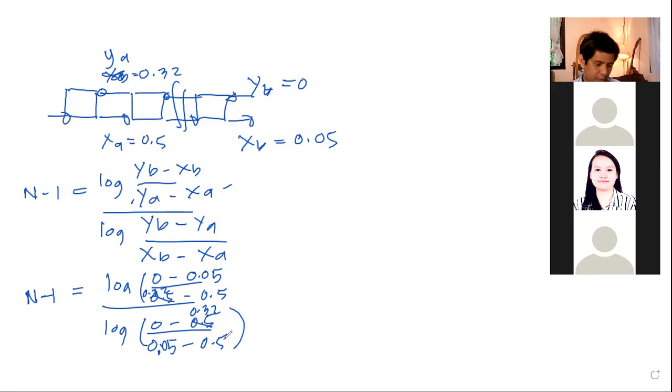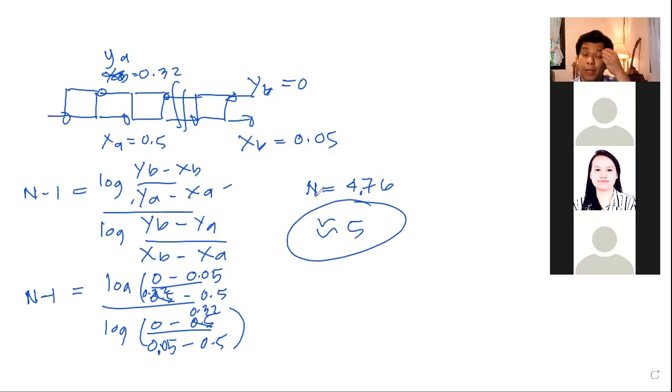Sa ilalim is 0 minus 0.32. Tapos 0.05 minus 0.5. Okay, tapos shift solve. What do you got? Yep, very good. 4.76. Very good, Carla, 4.757. So you're supposed to get 4.76. So that's the classic. So this is approximately equal to 5. Then yung answer sa problem is 5.